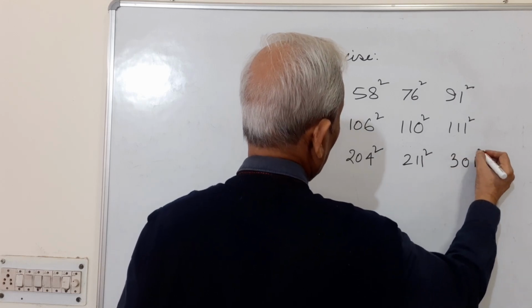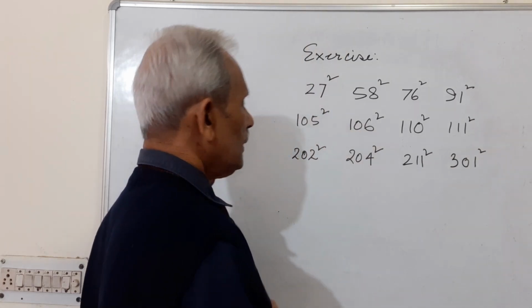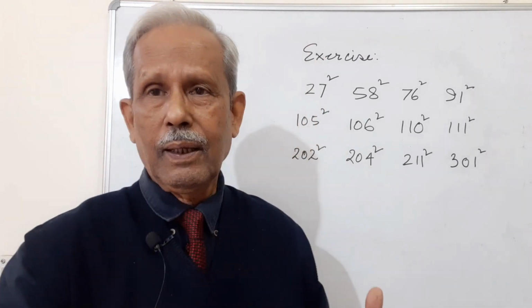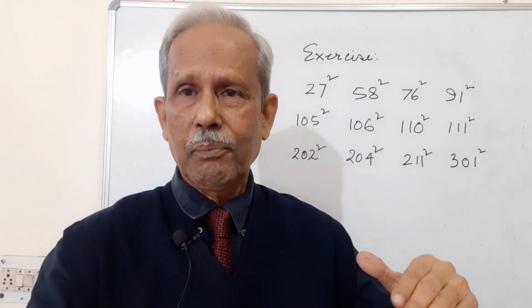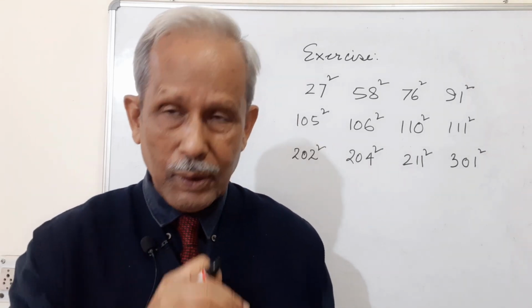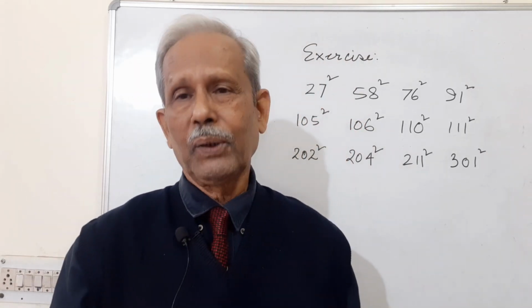The same way you can do it very easily. Just practice this. Do it, and then practice it with as many numbers as you can think of, so that you can become proficient in doing this.